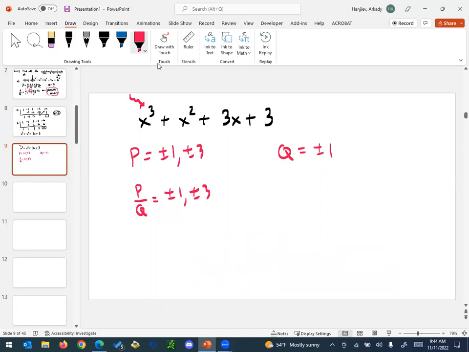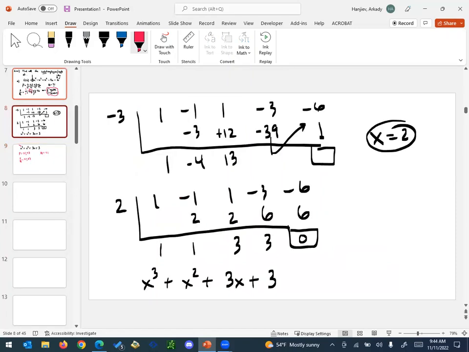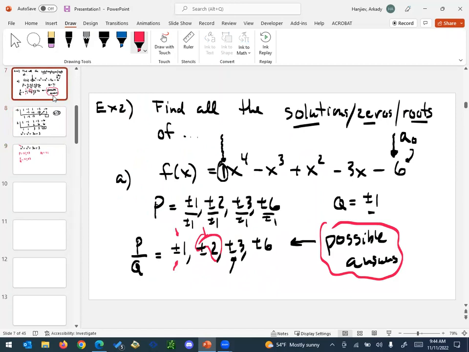That's all we did. Hey, class, if we could settle down just for a bit here. I understand how you got the plus or minus 1, plus or minus 3, plus or minus 6. Where did plus or minus 2 come from? The 2. Okay, gotcha. So this little guy right here, all the factors of 6. All the factors of 6 are 1, 2.